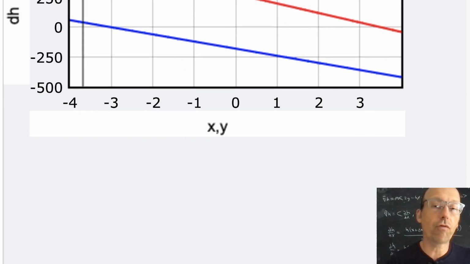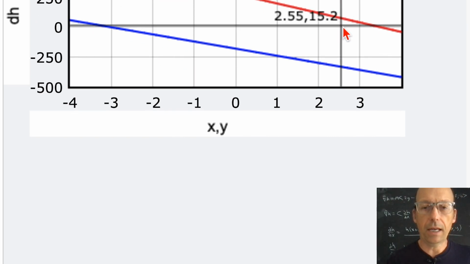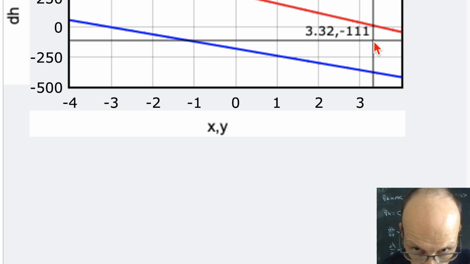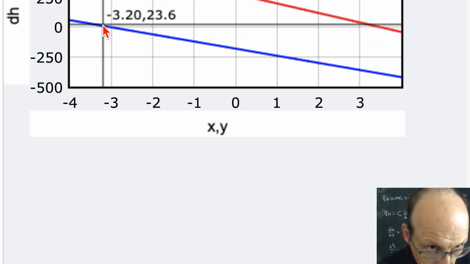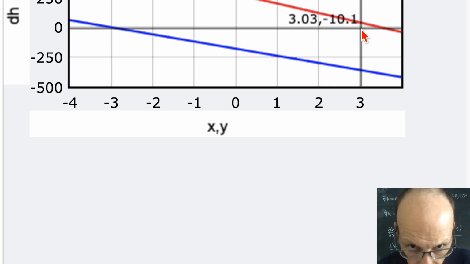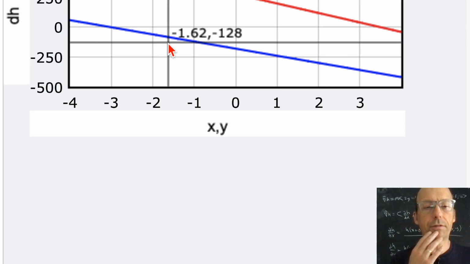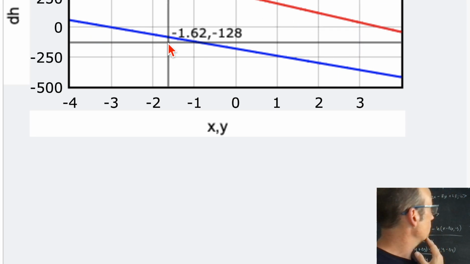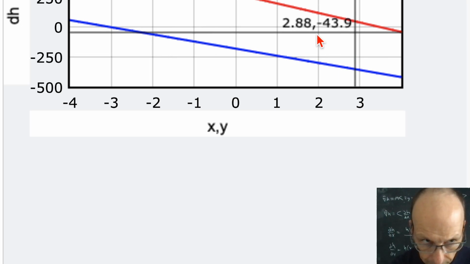And now we're looking at the red curve. Where does this cross 0? And it's over here. Something happened. Let's see. So I said y was 3, but I'm not getting 3.